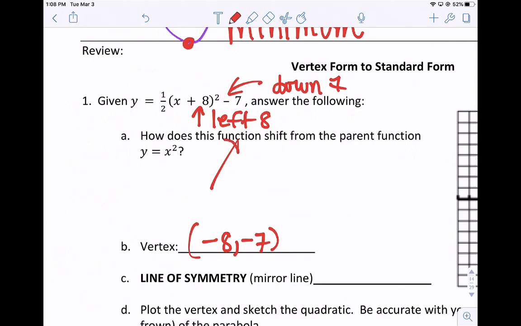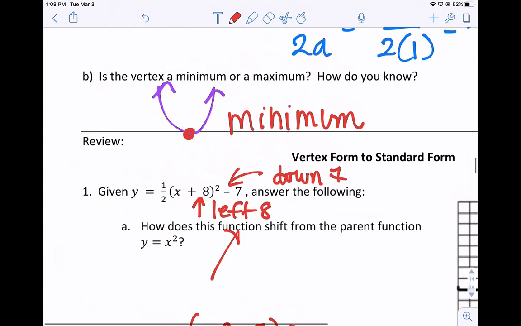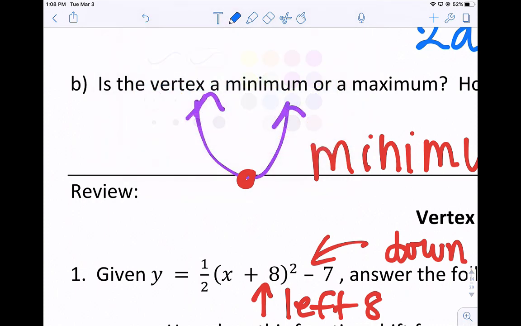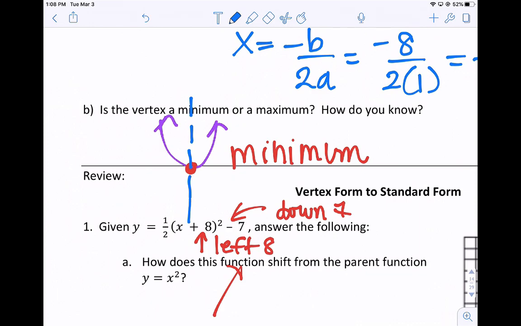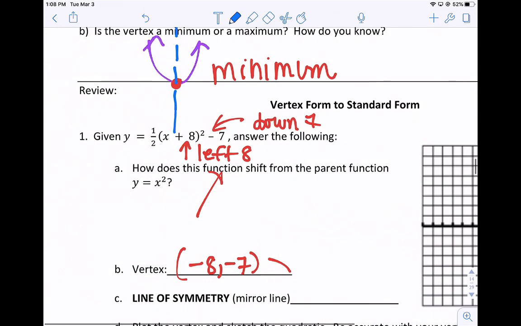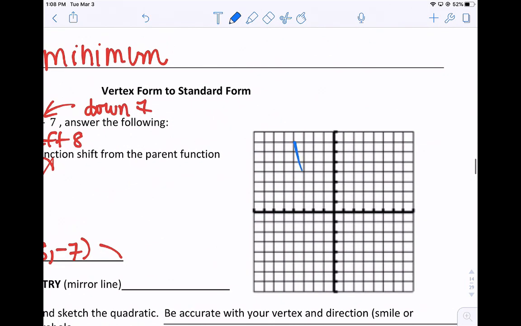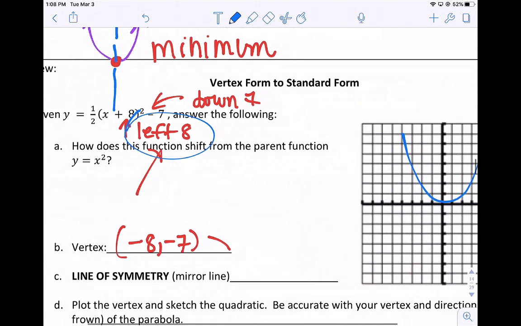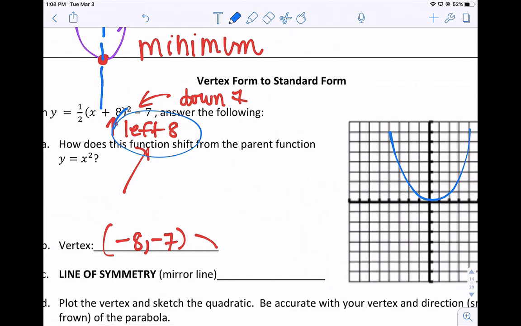The line of symmetry, the mirror line. And if you think about our graph, where is the mirror line? The mirror line would be right here, the x value of the vertex. If we know that this graph, which would start at 0, 0, shifts left 8, the mirror line will also shift left 8.